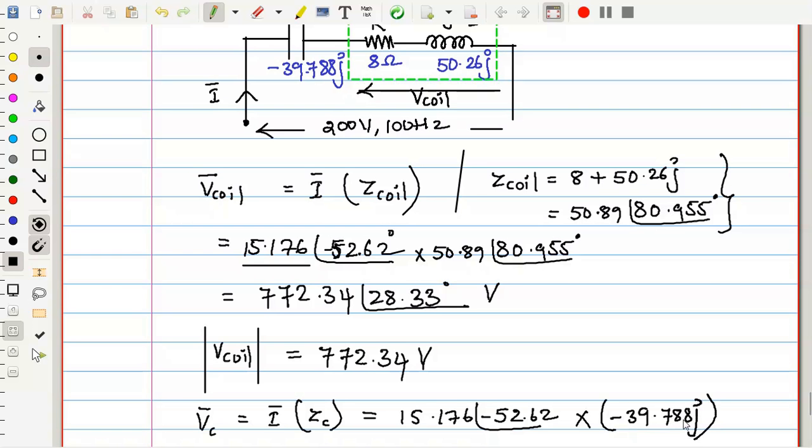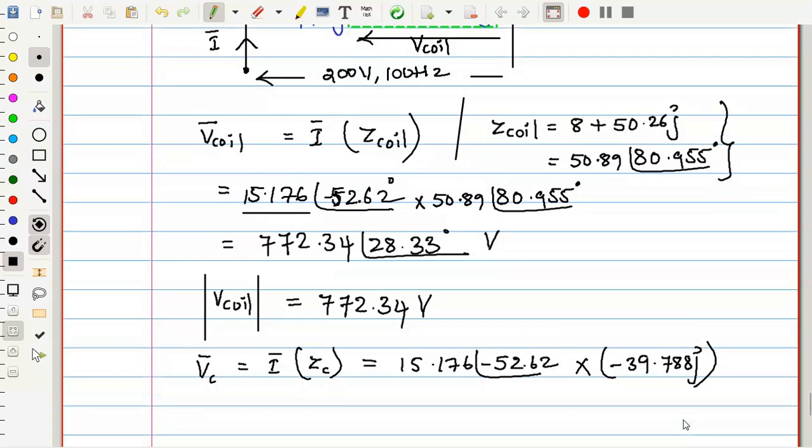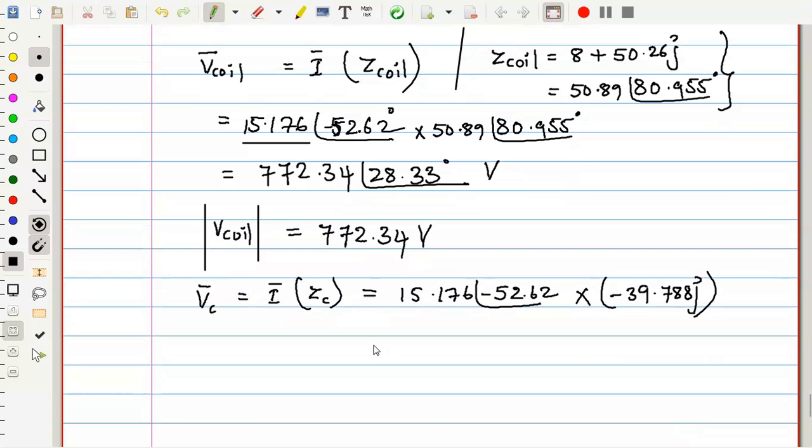In either form you can put it, you will get the answer. It doesn't matter. Somebody give me this answer. Minus 39.788j gives 603.822.